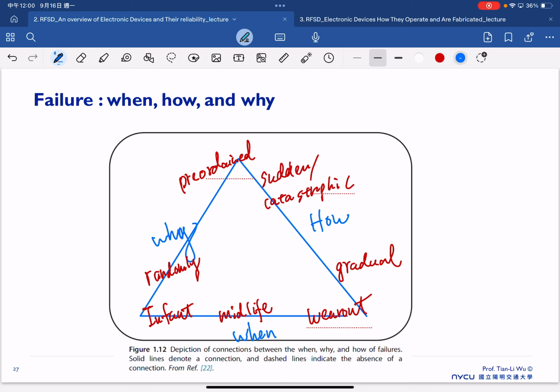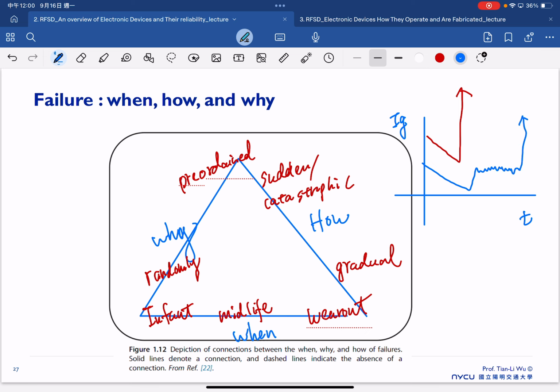And the difference between the catastrophic or the gradual can also be considered with TDDB as one example. In some cases, you will see the curve look like this. In some cases, you will see it look like this.